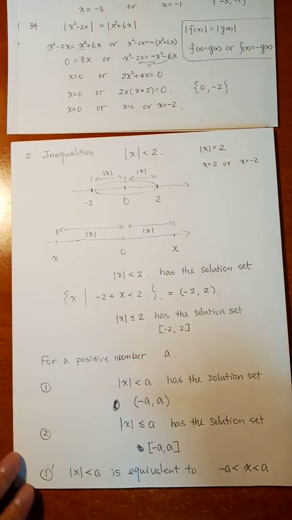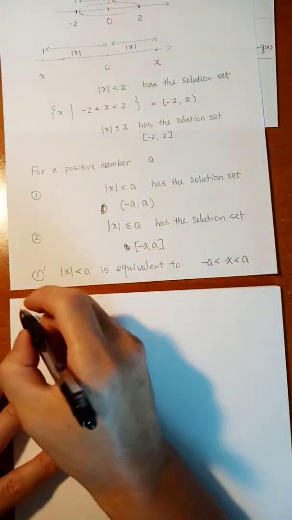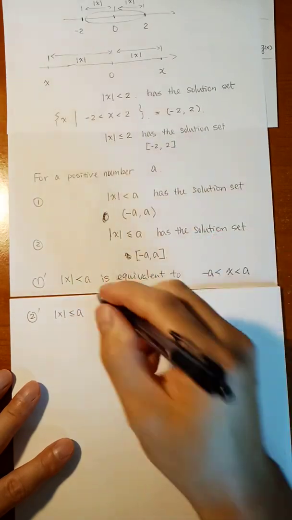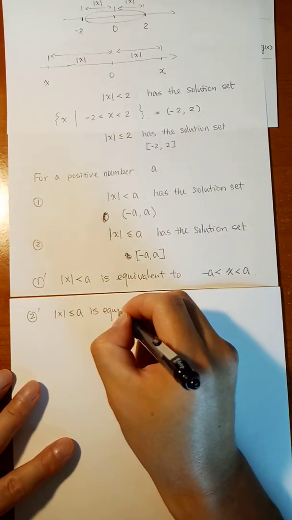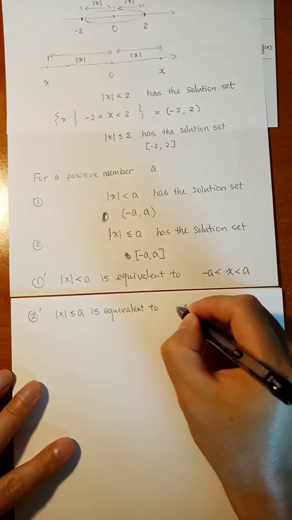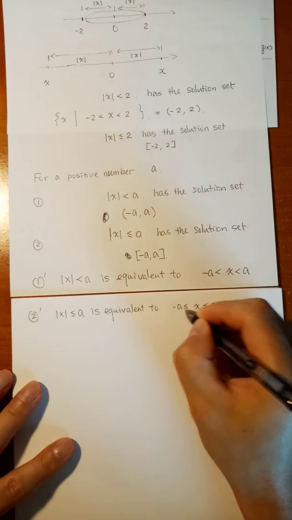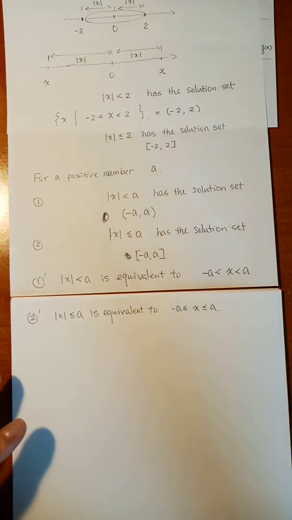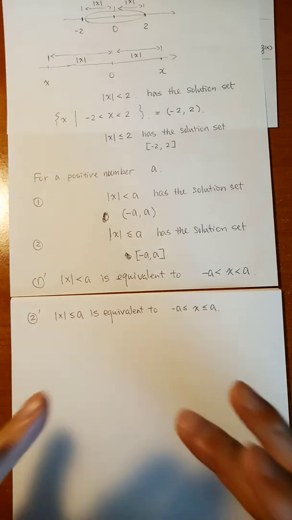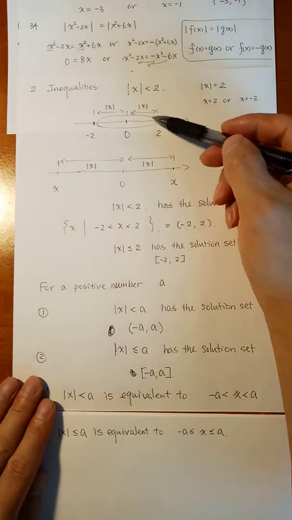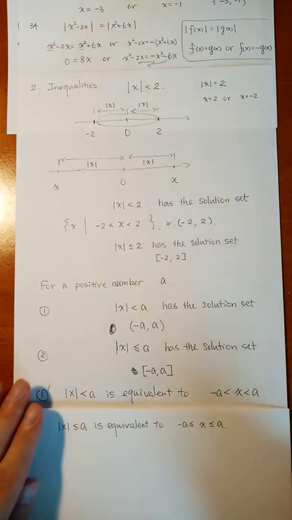And the second: absolute value of x is less than or equal to a is equivalent to x is between negative a and positive a, but with an equal sign. So absolute value inequality less than a means the distance is smaller. This distance, this interval. All right.